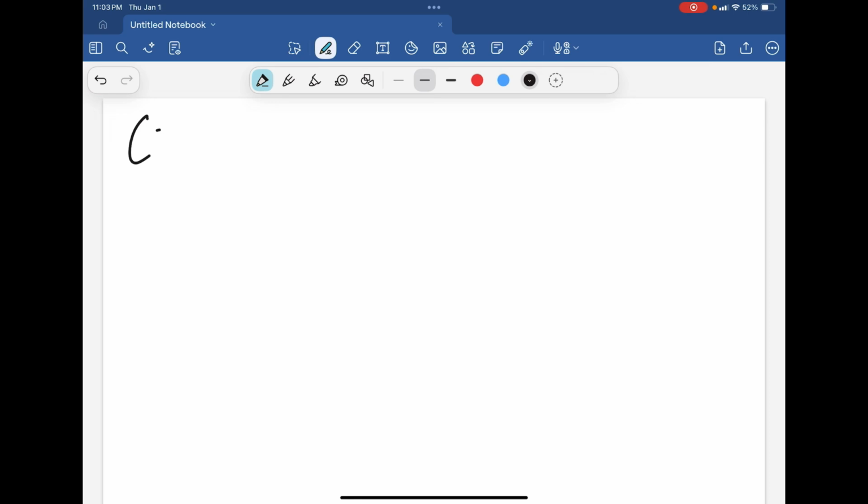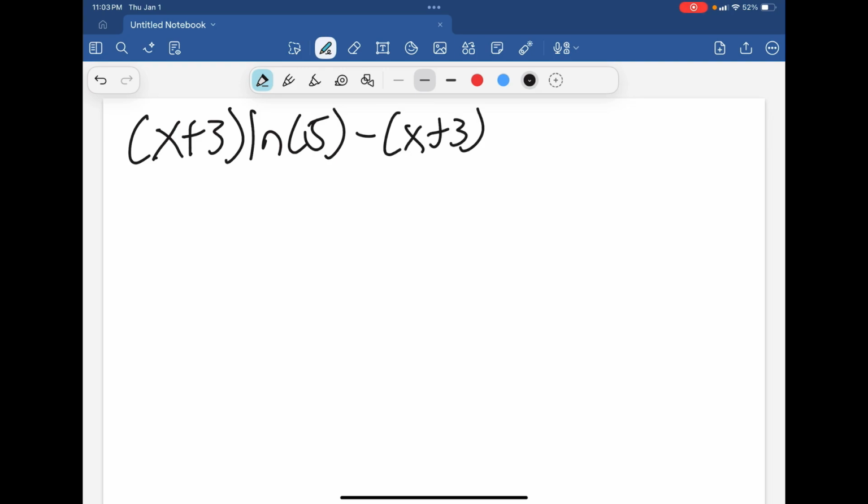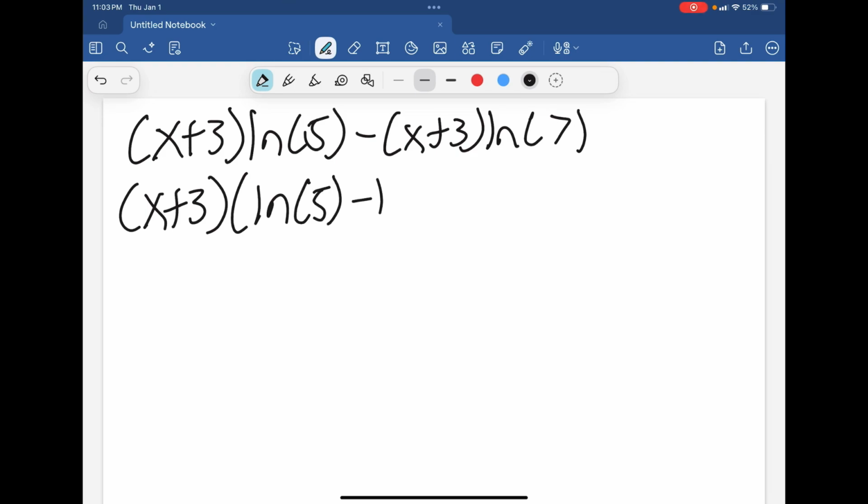And anyways, by doing that, I'm going to go ahead and rewrite our equation. We are going to get (x plus 3) times ln 5 minus (x plus 3) times ln 7. And from here, we can take the greatest common factor out, which is x plus 3. And that is going to leave us with (x plus 3) times (ln 5 minus ln 7), and this equals 0, by the way.